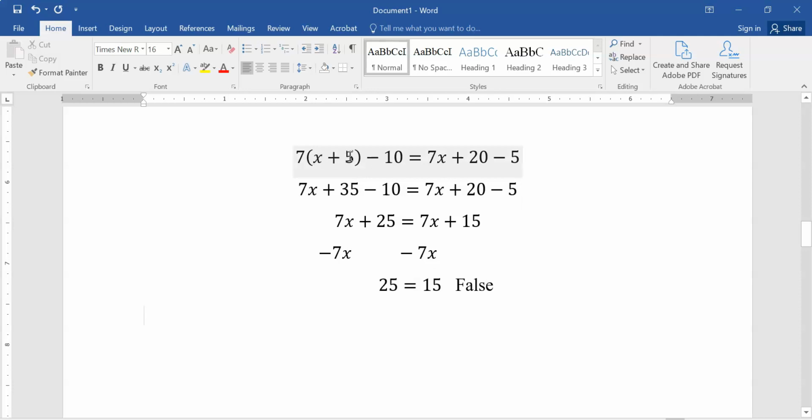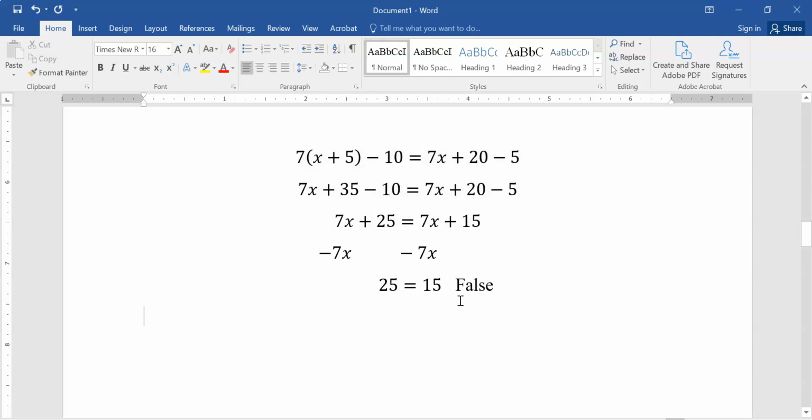If you'd plugged in 3 and simplified, you would have gotten a false statement. If you would have plugged in 4/3 and simplified, you would have gotten a false statement. In other words, no matter what number you plug in, you end up with a false statement, which means that there is no number that you could plug in which makes this equal.